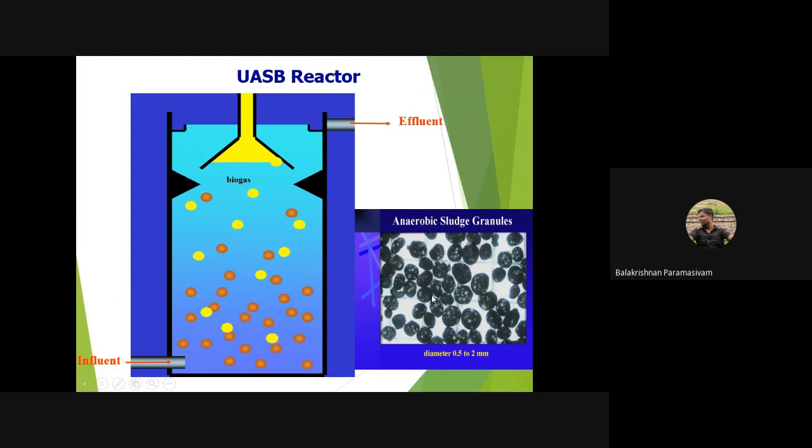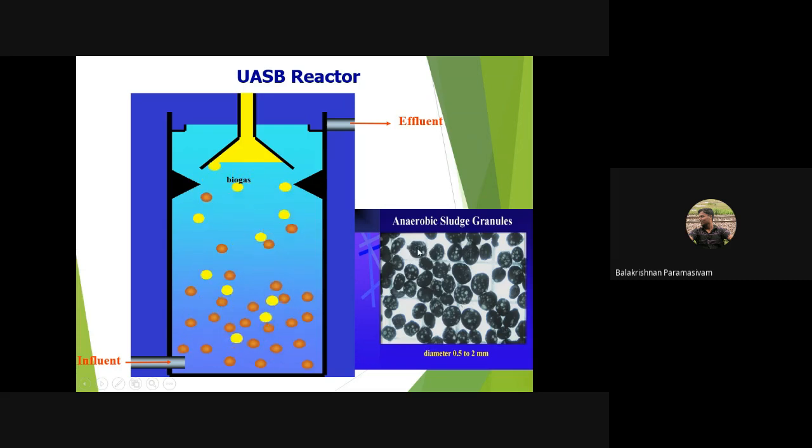But in aerobic treatment, it will be more like separated particles, like sand, each particle separate. But in the UASB reactor, the biomass will grow as granules.